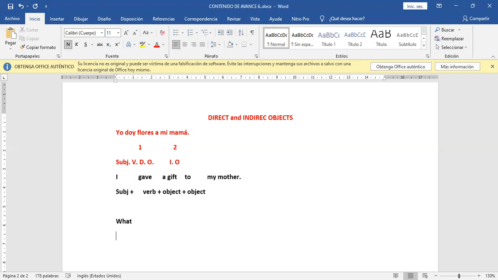And the indirect object answers to who? What does what mean? ¿Qué? Yes. What does who mean? ¿A quién? Who?